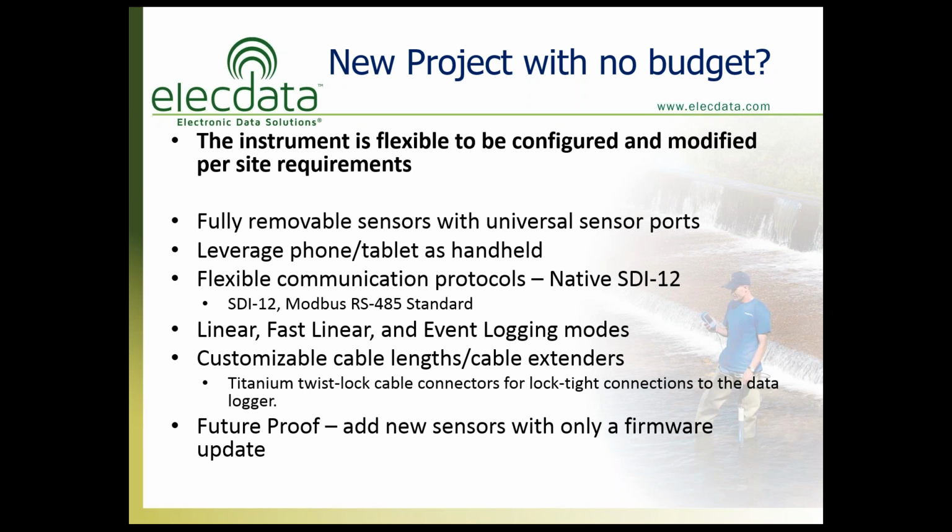Another neat feature for long-term logging is that we have multiple logging modes. So you can set it up to log every hour, or you can do what we call event logging modes.